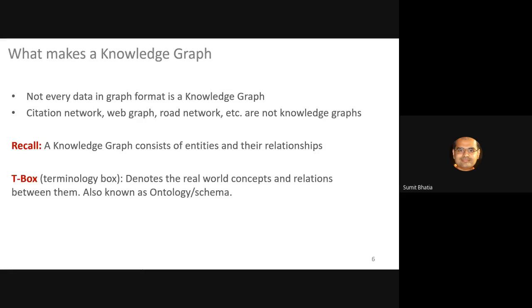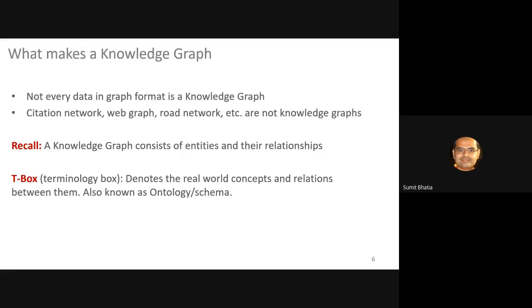So for example, let's say I'm creating a knowledge graph for the academic domain, right? My T box will say that in this world, entities will be of type, let's say, professor, associate professor, assistant professor, undergraduate student, postgraduate student, research scholars, right? Universities, libraries, colleges. So these are the types of entities that will be present in my knowledge graph.